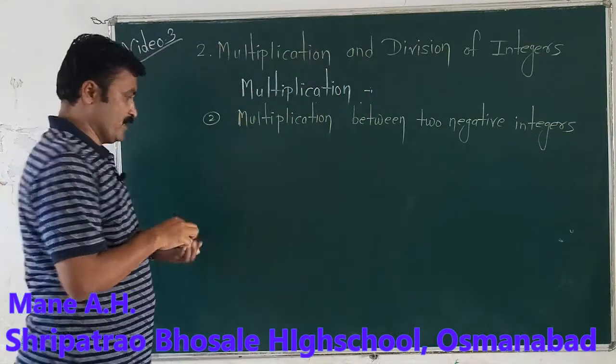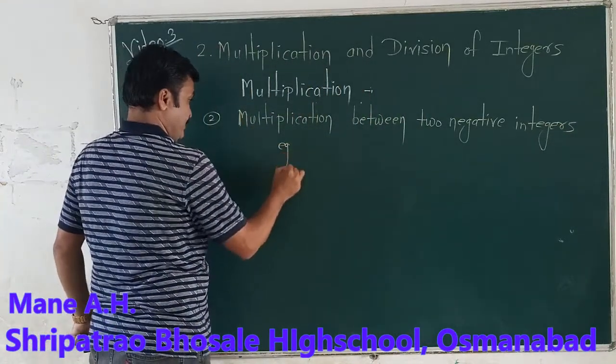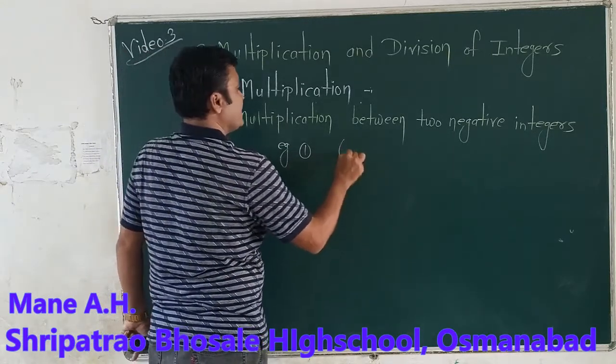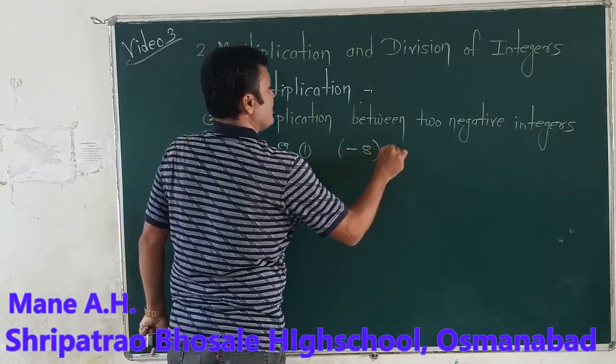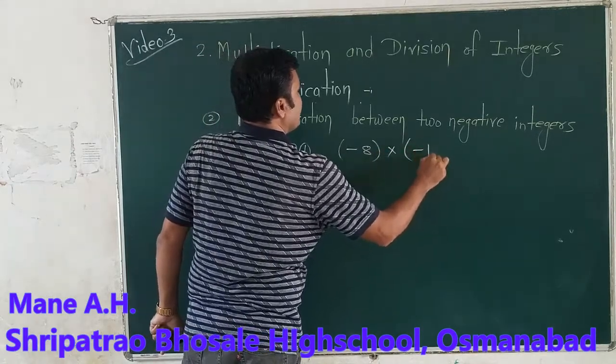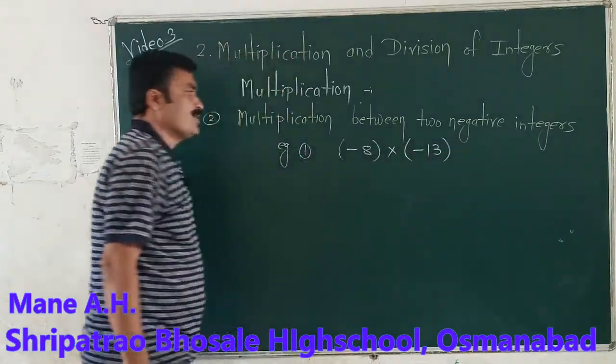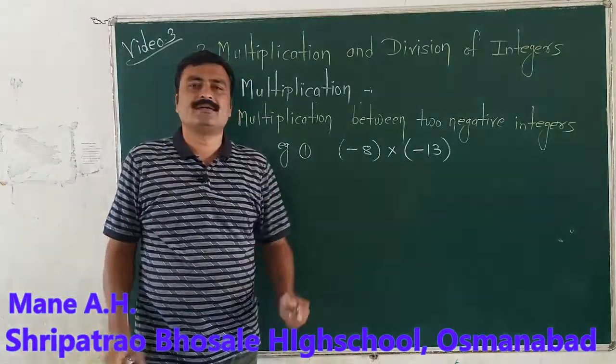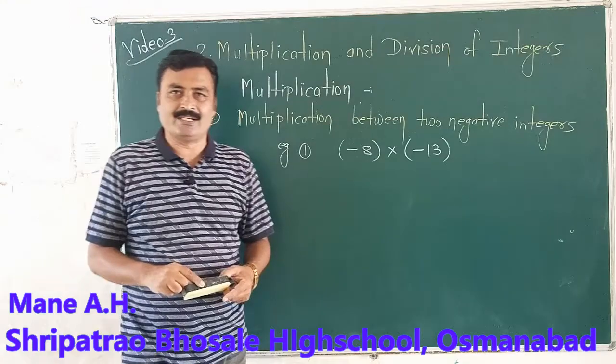Now for this condition, here I am taking the first example. Let's observe here, that is minus 8 into bracket minus 13. So minus 8 is a negative integer, and minus 13 is also a negative integer.